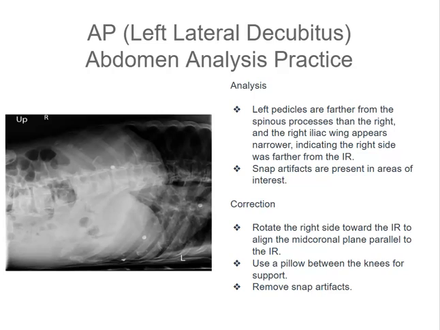The textbook does suggest placing a pillow between the patient's knees for support so that they don't tend to lean forward or roll forward. Also, remove those artifacts. Again, it's important to not obscure any anatomy unnecessarily.